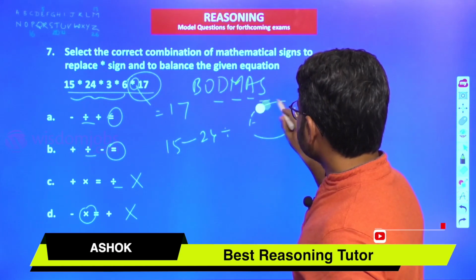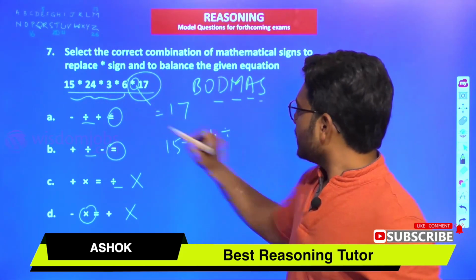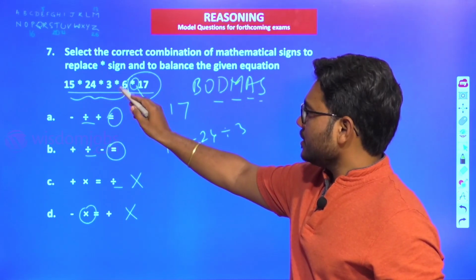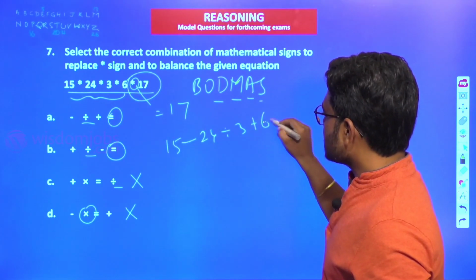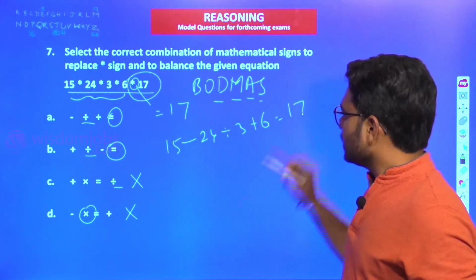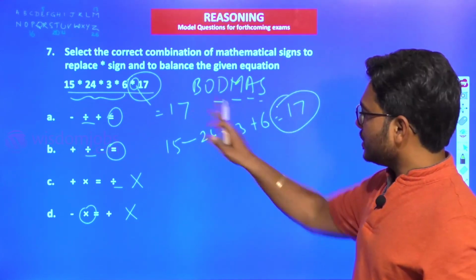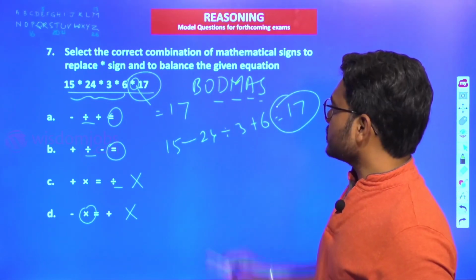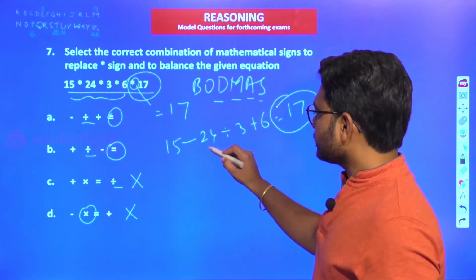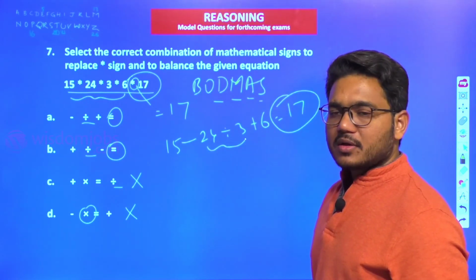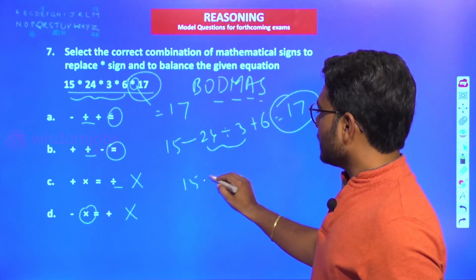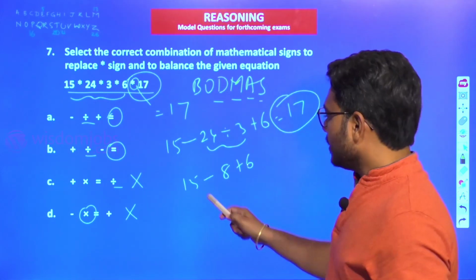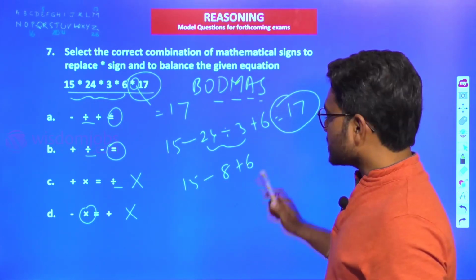Based on the BODMAS rule, first we need to solve the division. 15 minus 24 by 3 is 8, plus 6. Are we getting the answer here? Check. 15 minus 8 is 7, 7 plus 6 is 13.